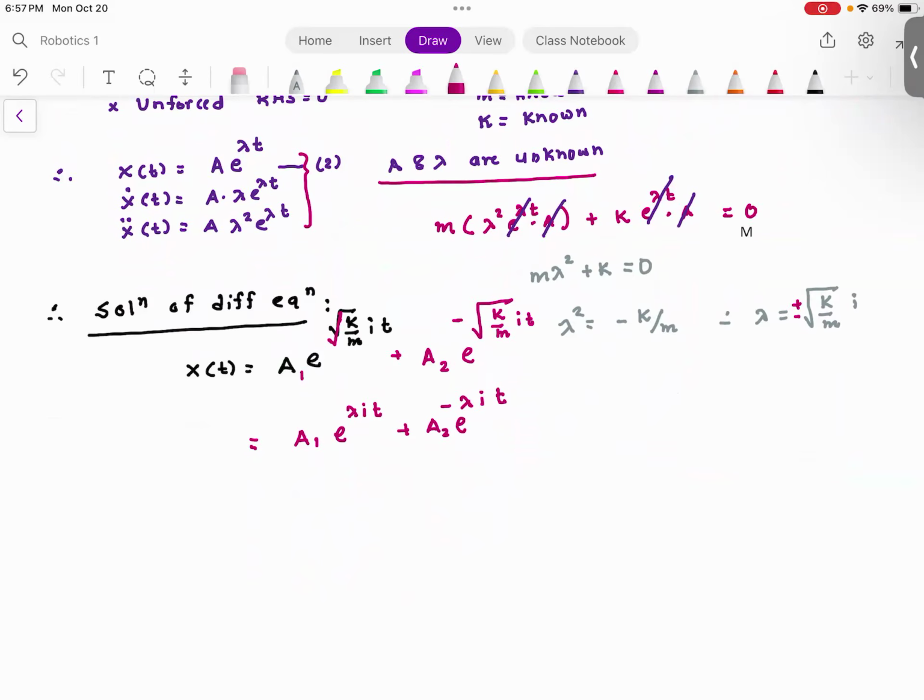Okay, sorry. Yeah, okay. Now remember Euler's formula, e to the i theta is equal to cosine theta plus i sine theta. Do you agree with me? Now I have a complex equation.